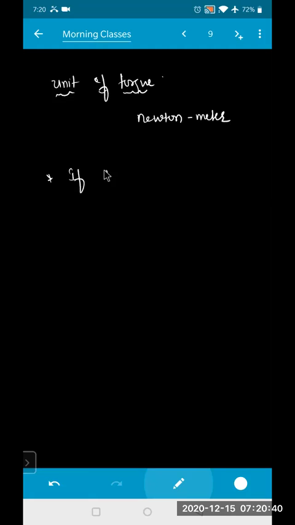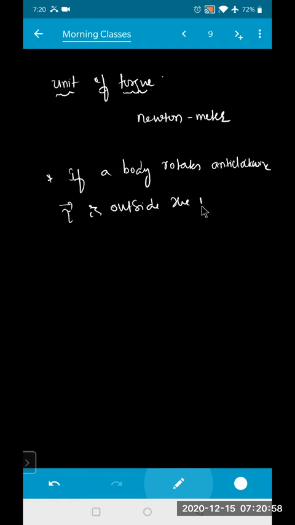If a body rotates anti-clockwise, tau bar is outside the plane of paper by right hand thumb rule.